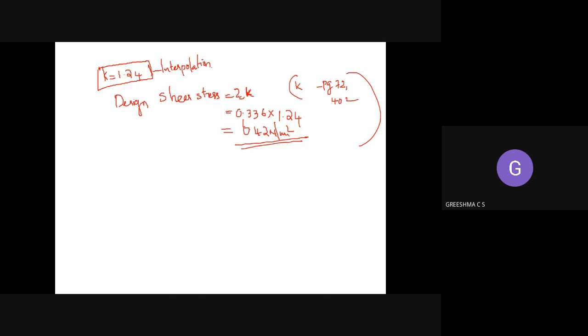Now tell me whether it is safe or not. The IS code is recommending the value 0.42 Newton per mm square.